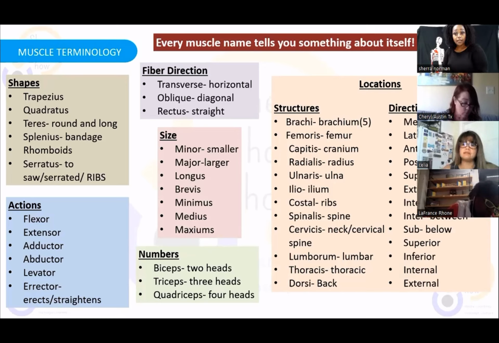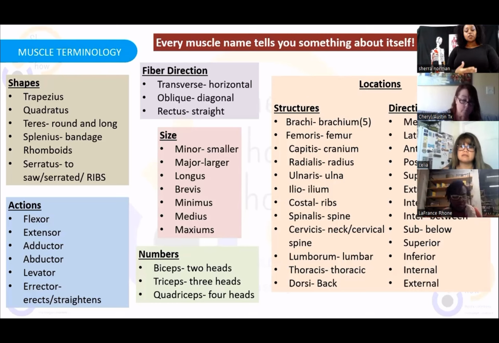Inter means in between. So again, we have intercostals. They tell you they're in between the ribs. Okay. Sub means below, like the suboccipitals are below the occiput. Okay, inferior, internal, external, and whatnot. So the names tell you a lot. They give you a lot of clues as to where a muscle is, and that might help you with the actions. Hence my next point.